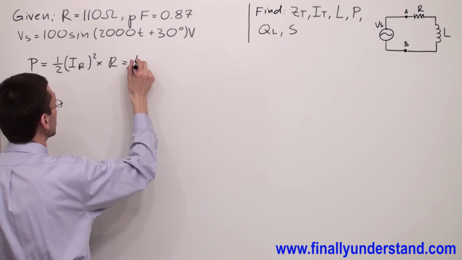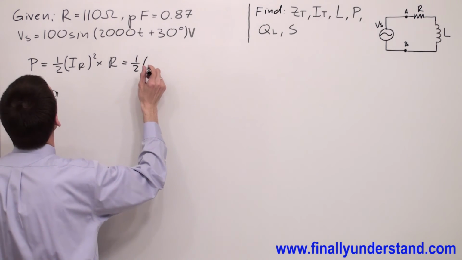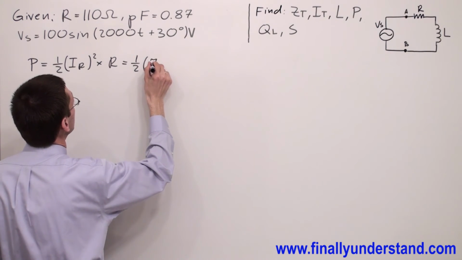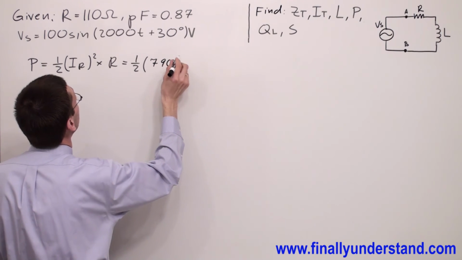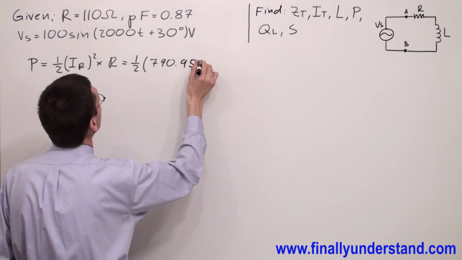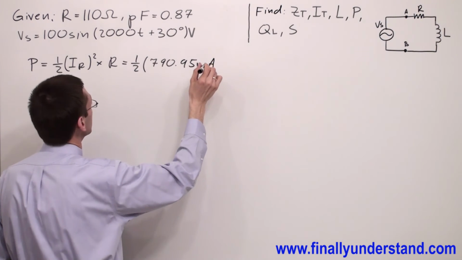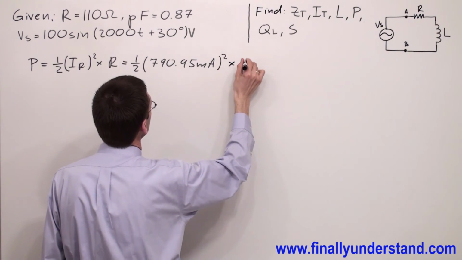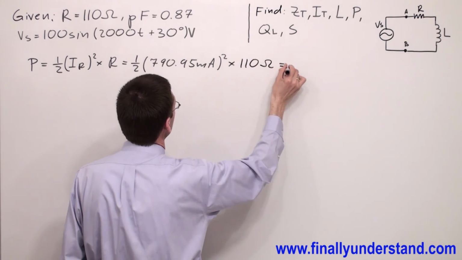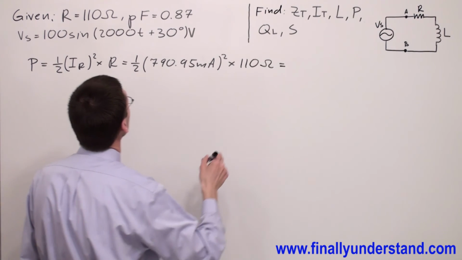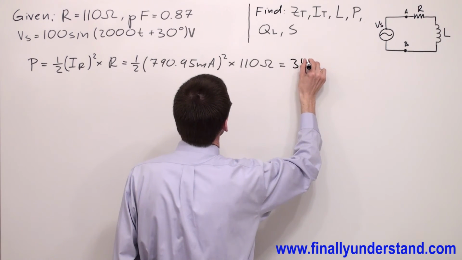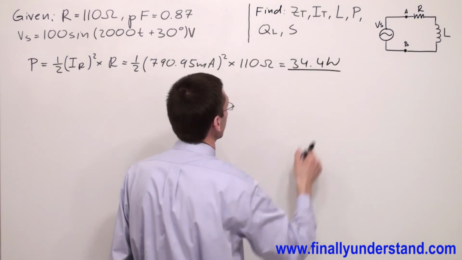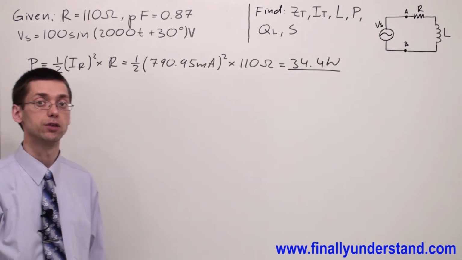So I have 1/2 times the current IR, which is equal to 790.95 milliamps to the second power times the resistance 110 ohms is equal 34.4 watts. And this is the true power in my circuit.